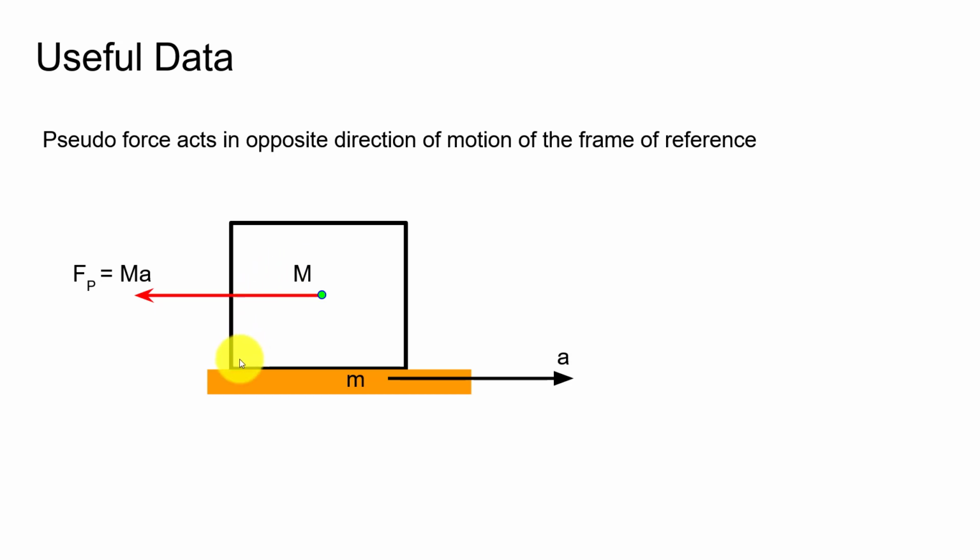So this particular orange body is actually the accelerated frame of reference, and your pseudo force will be the mass into the acceleration of that particular frame of reference. So your pseudo force is equal to capital M into a, which is the acceleration of the frame of reference. You can check out more about it in detail in the NPTEL lecture.